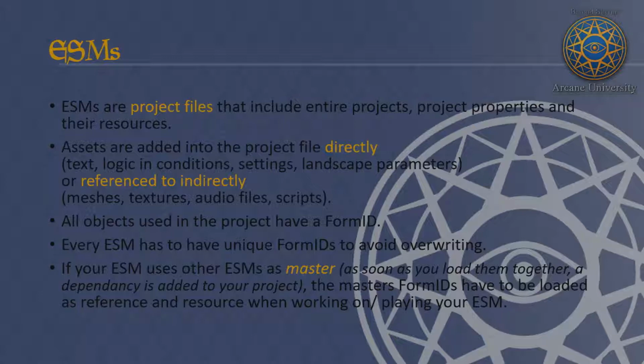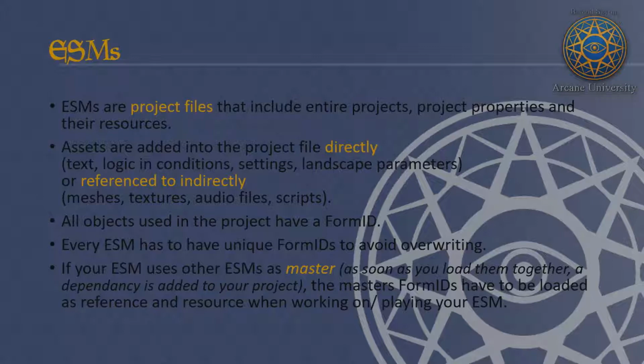So some assets are being handled directly in the ESM, others are being handled indirectly. So as I said, indirectly would be meshes, textures, audio files, scripts. They will get a form ID, which functions like a name, like a pointer basically, and other things like logic that you put in conditions or texts are directly inside the ESM file, or landscape parameters.